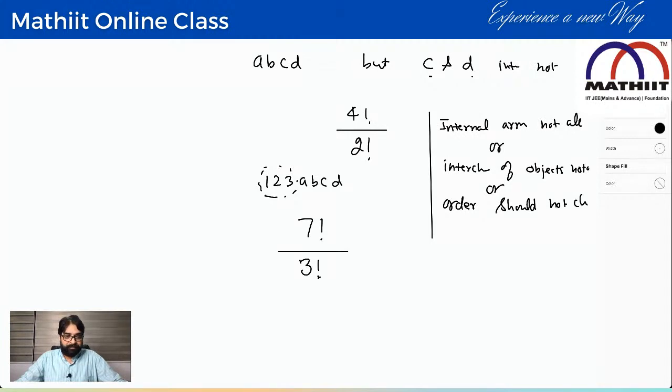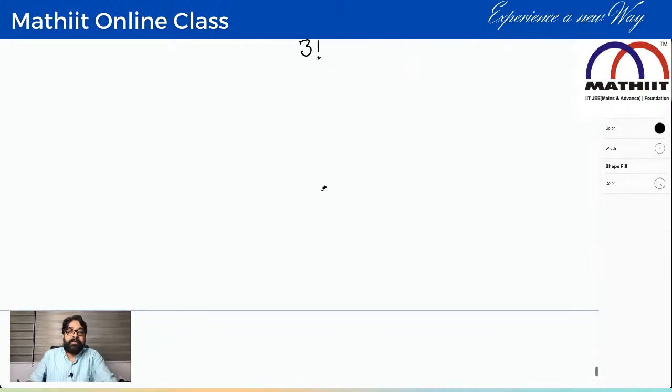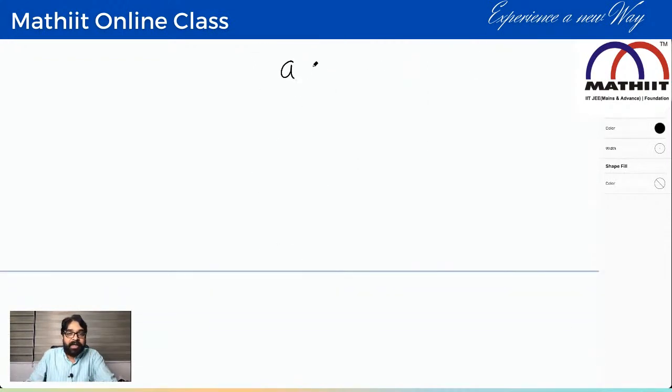Okay. What other situation is there where internal arrangement is not allowed without saying it? Think carefully. If I say I have to arrange A, A, B, C, D, you remember in the first lecture I told you mixed objects can come. This is a mixed object.